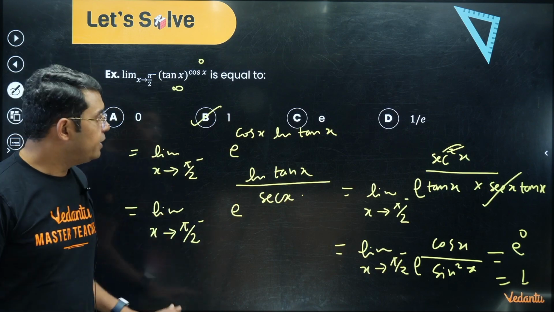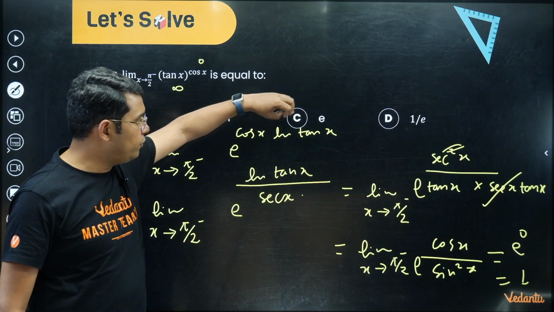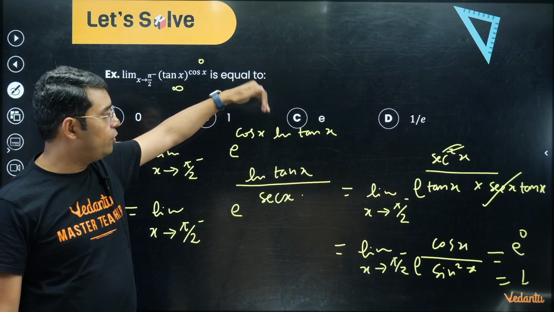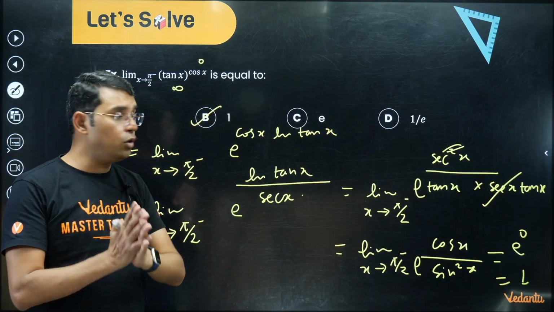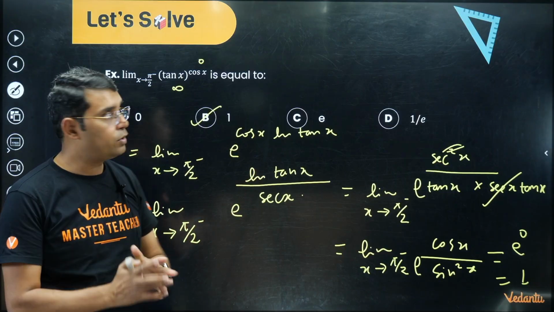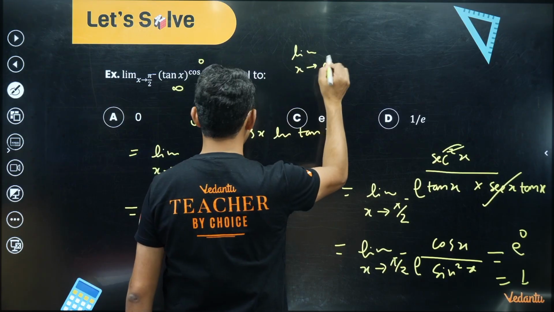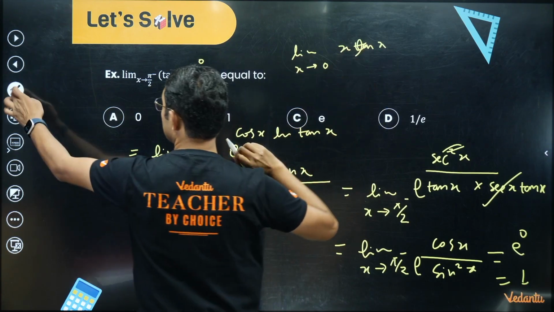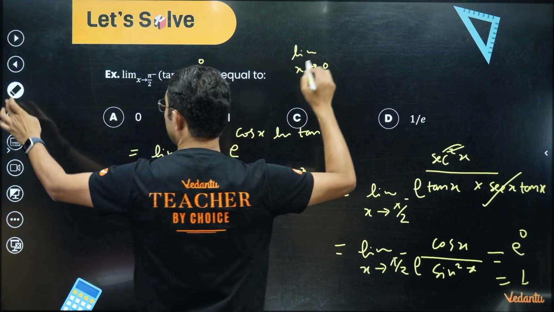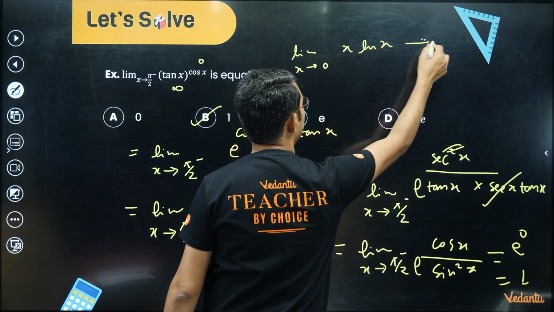Answer will be B. Dear student, this is the only method I will say, unless you have some understanding of how infinity of log 10x behaves, I will not talk about it, although some of you, if you know, can go that way also. Let me tell you, limit x tending to 0, x into ln 10x. This limit many of you have found already, x into ln x, that tends to 0.